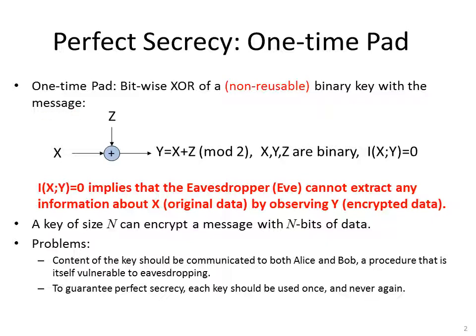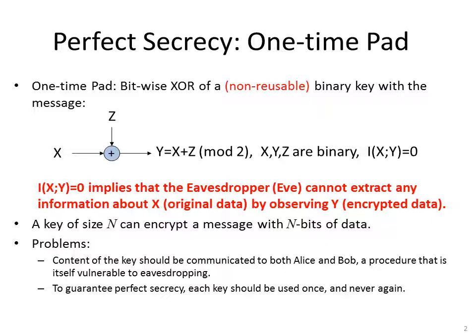Here, X is the message that we would like to transmit, Z is the binary key which is composed of IID bits, and the length of Z is equal to the length of X. At the transmitter side we perform bit-by-bit addition modulo 2 of X plus the key, which gives Y, and Y is transmitted.